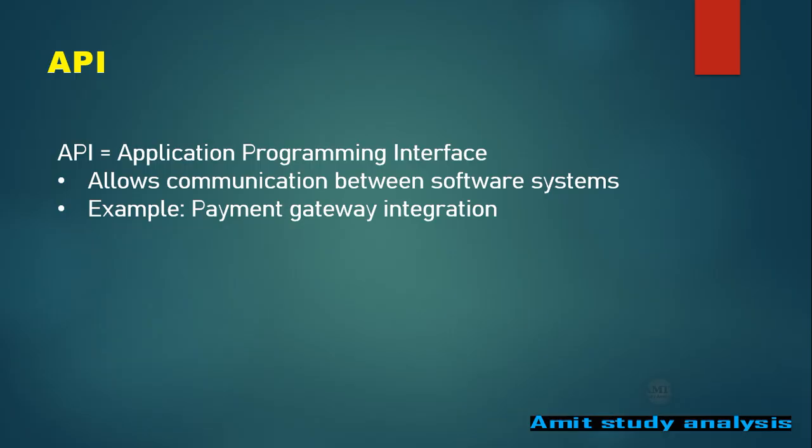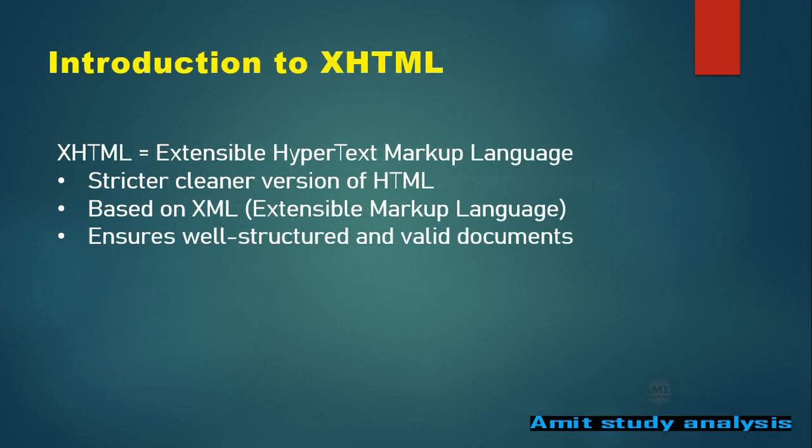And APIs are part of Web 2.0 which run on the web, like payment gateway integration. If a payment is going out from your account and getting into the recipient account, there is a payment gateway working as an interface between these two accounts, which is an API.